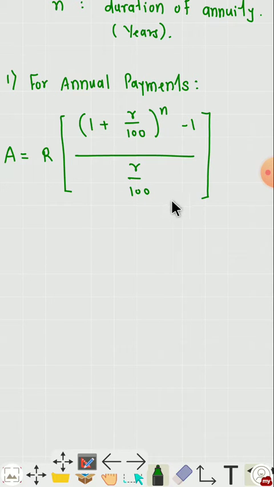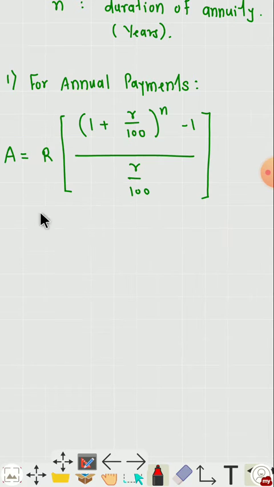Note that the actual capital invested is generally equal to Rn.